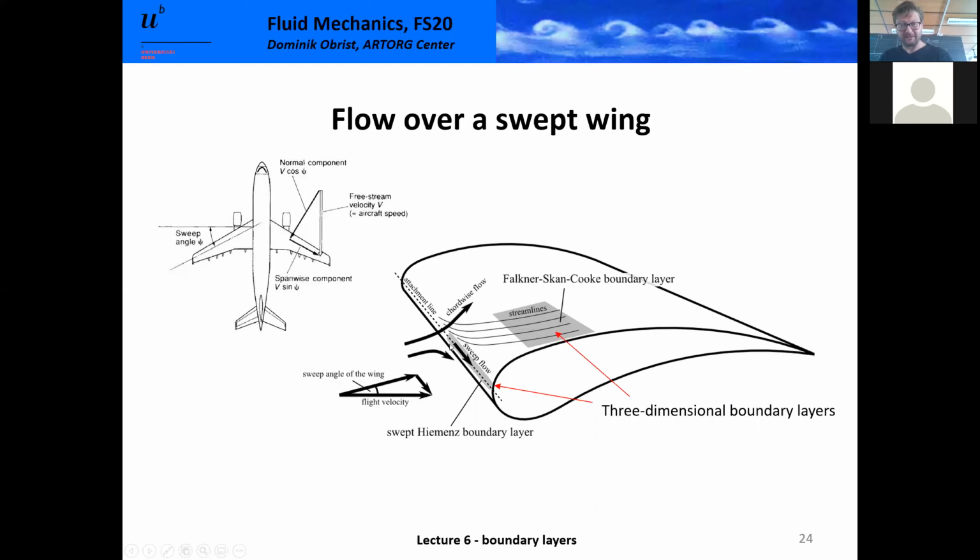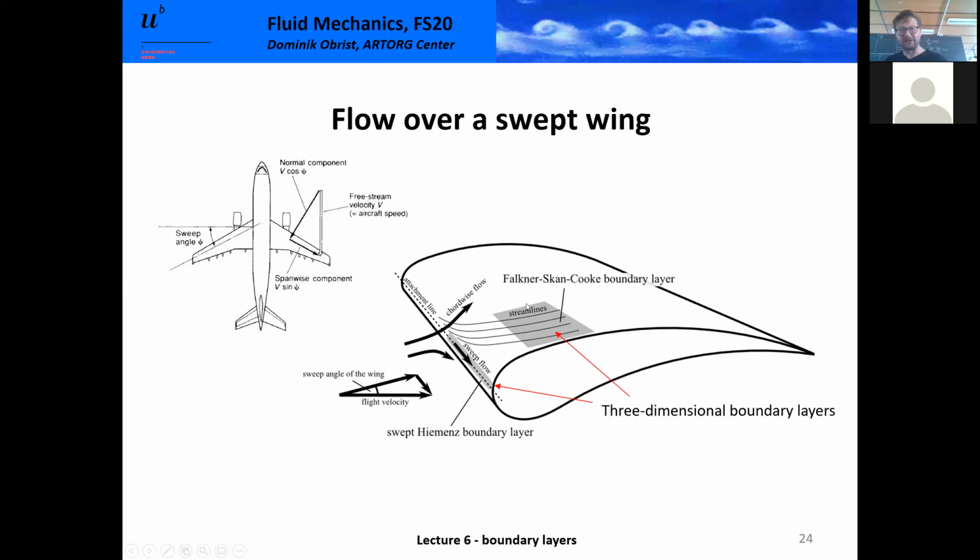So this is the leading edge boundary layer. You also have it up here on the accelerated side, where we had these Falkner-Skan boundary layers, with a favorable pressure gradient to accelerate the flow.